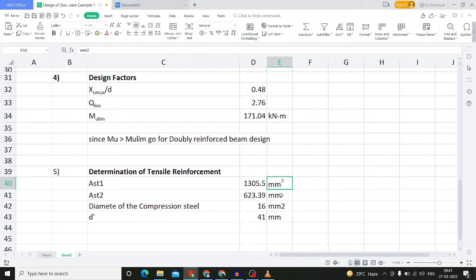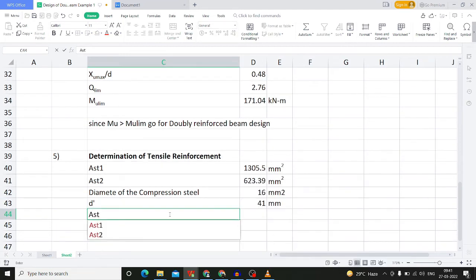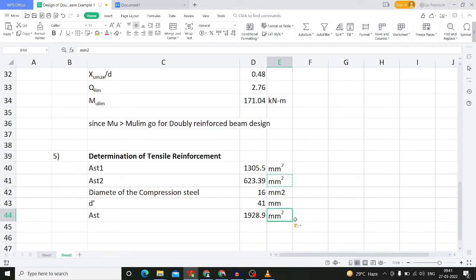The area of tensile reinforcement AST equals AST1 plus AST2. So this is how we calculate the area of tensile reinforcement.